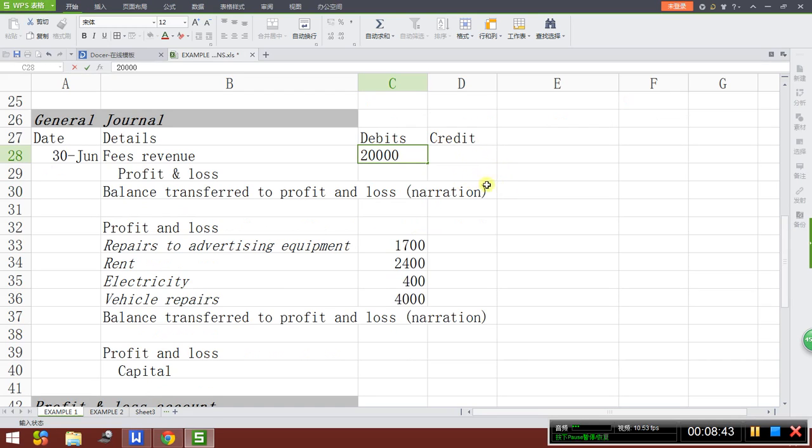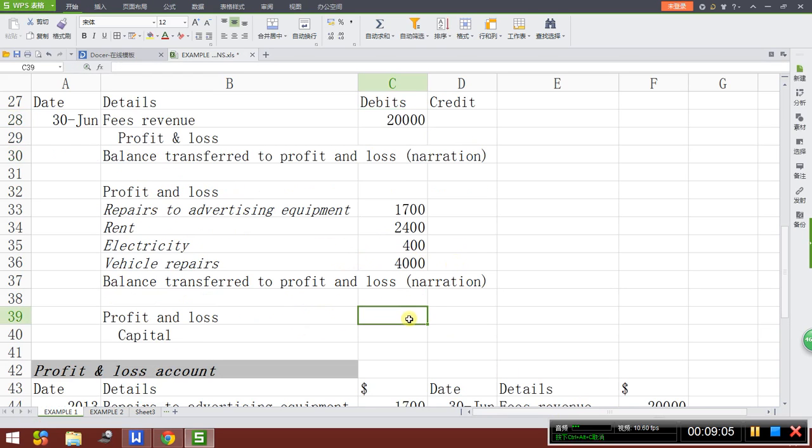The next part, the profit and loss, the total expenses in this advertising business is the four figures. So in there, the total expenses is about 85,000. And what is the meaning of the capital?